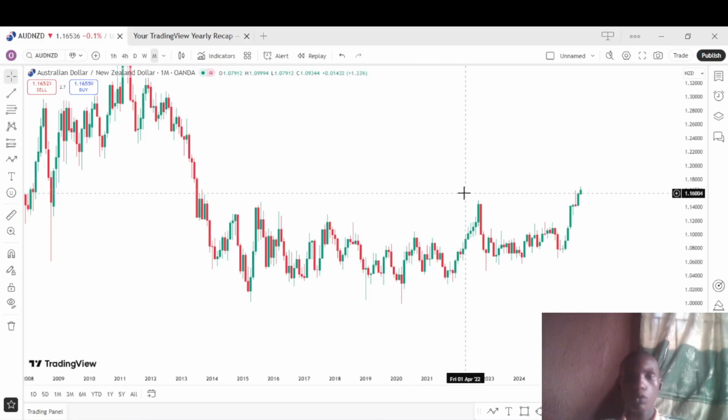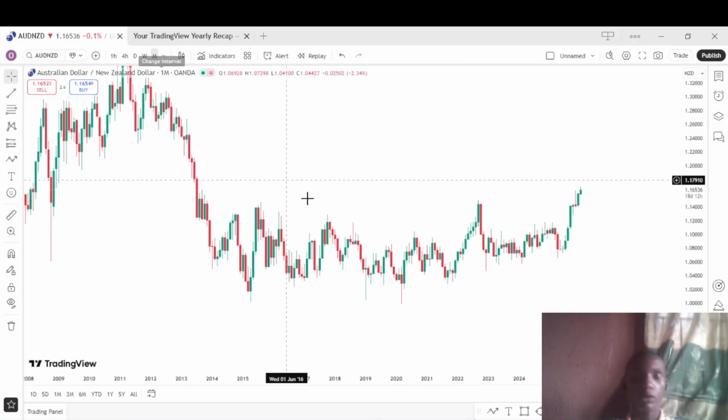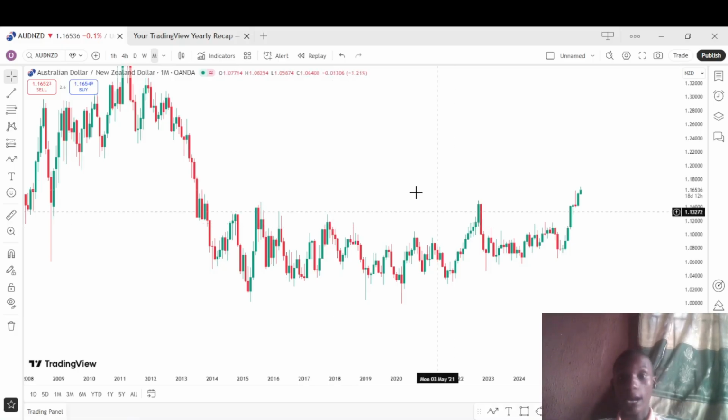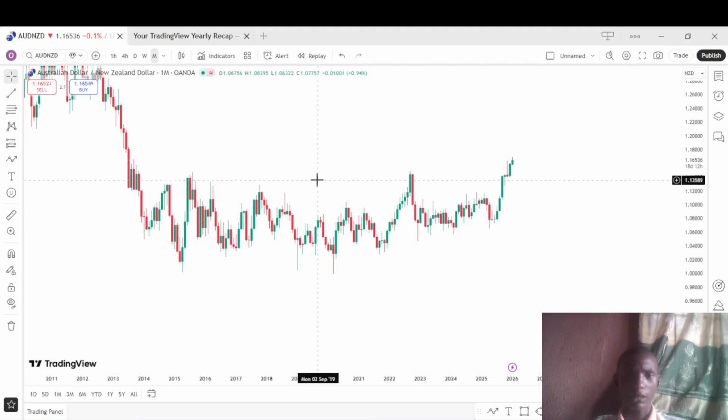So what is the monthly time frame used for? The monthly time frame is used for viewing candlestick patterns. So what are candlestick patterns? We have double top, bullish engulfing, bearish engulfing, tweezer top, tweezer bottom.